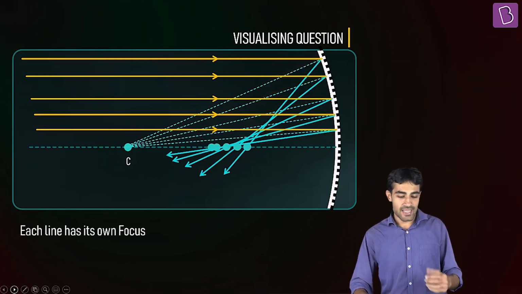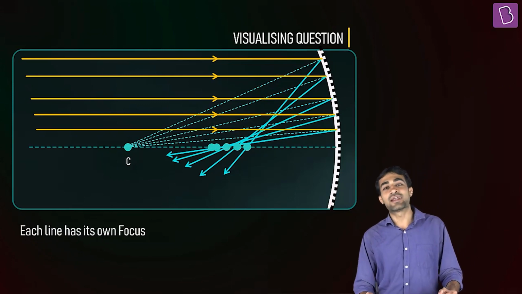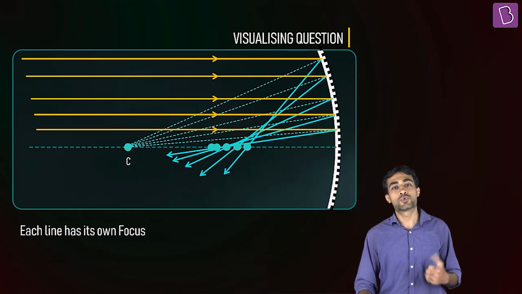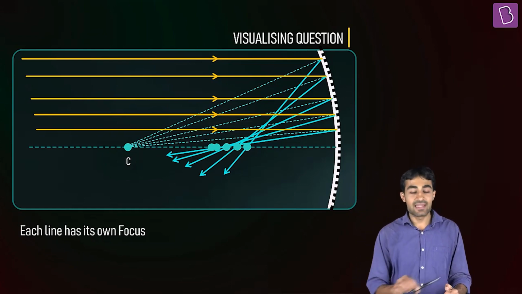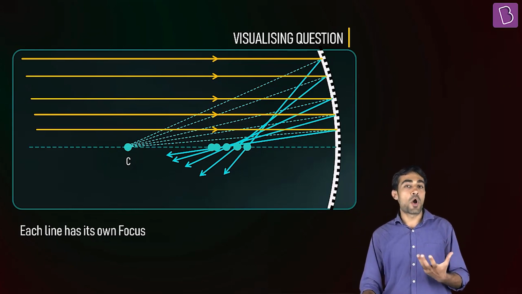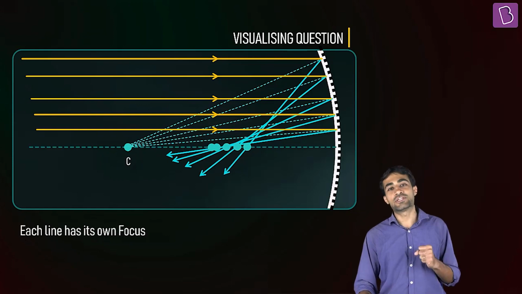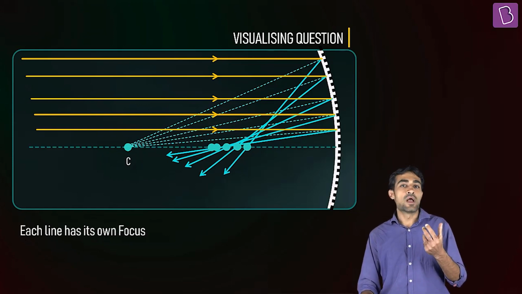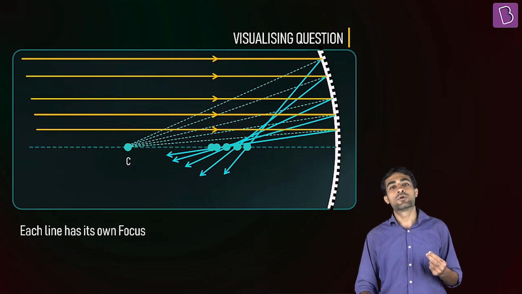You can see we have these reflected light rays, and when they meet the principal axis, they meet at different points. So each ray has its own focus, and these points are not coinciding with each other. Now, what if we want the light rays to meet at a single point?